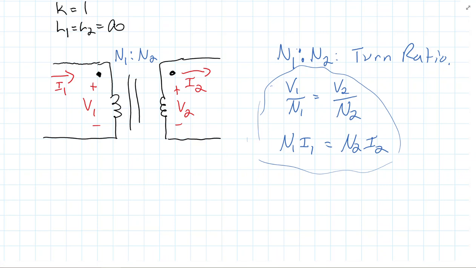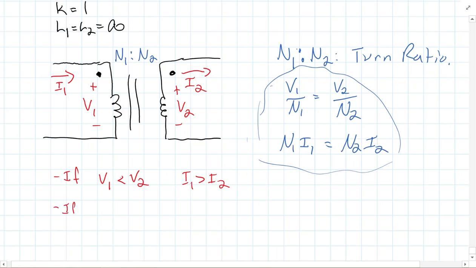And we also noticed that if V1 was less than V2, in other words, that the voltage stepped up here, we had then that I1 was greater than I2. Because you could step the voltage up, but you would lose current.